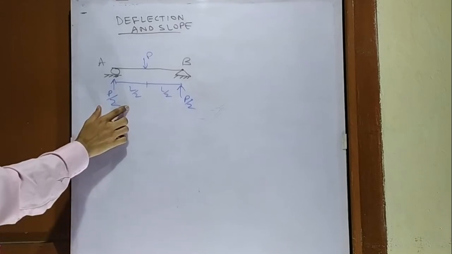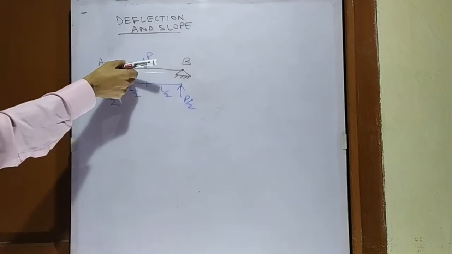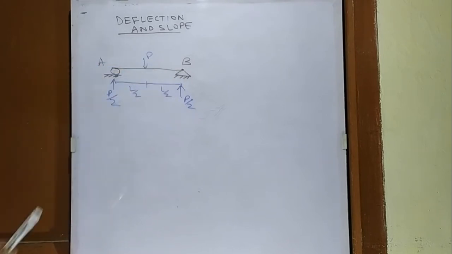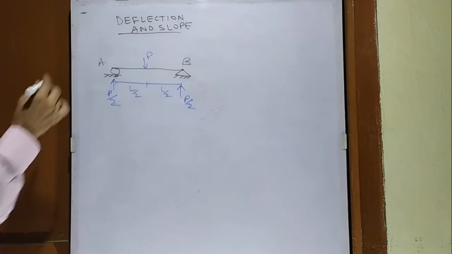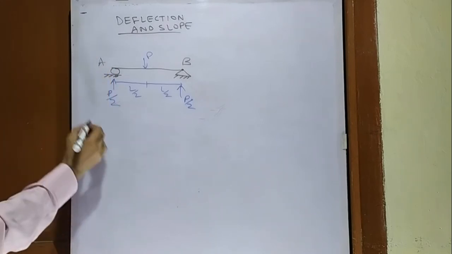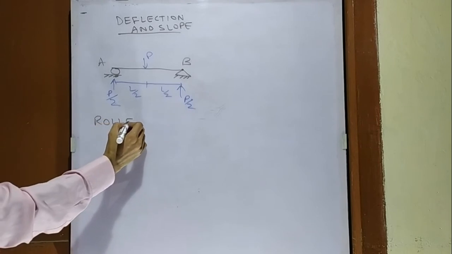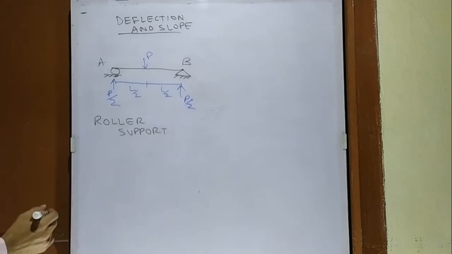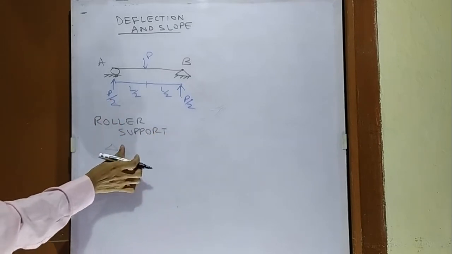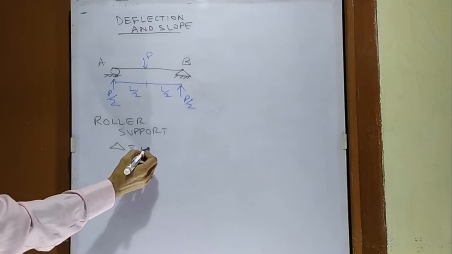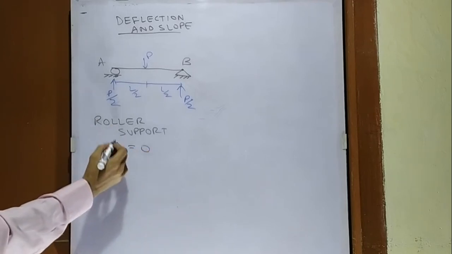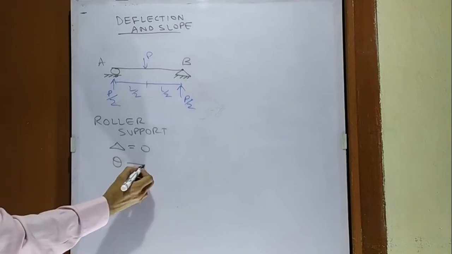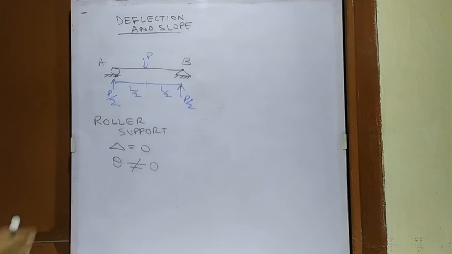So there will be a vertical reaction, but it can rotate at point A and also at joint B. For roller support, the deflection will be 0 but there will be slope. The slope will not be 0.